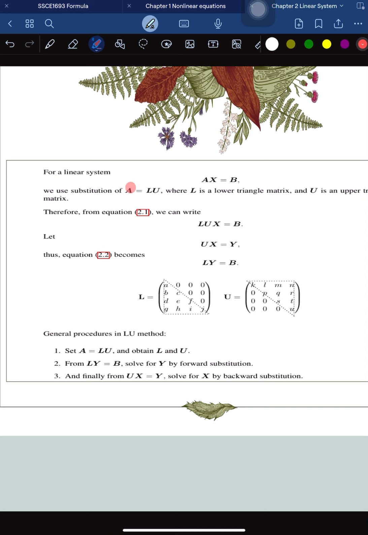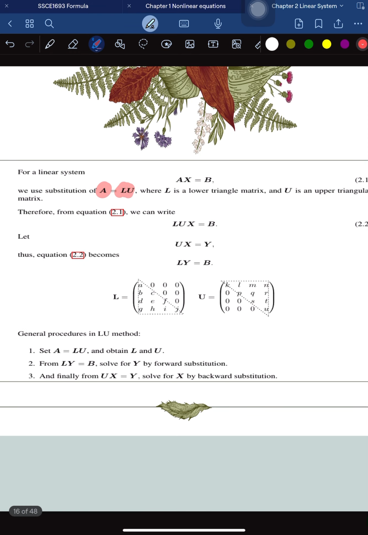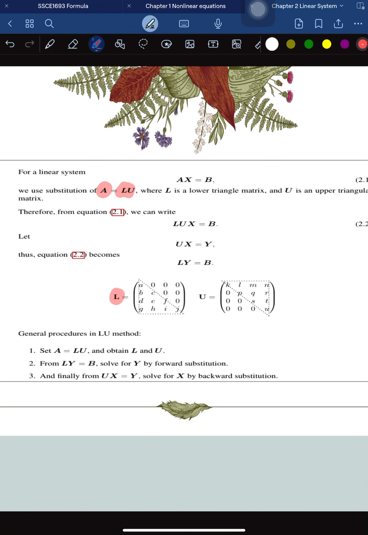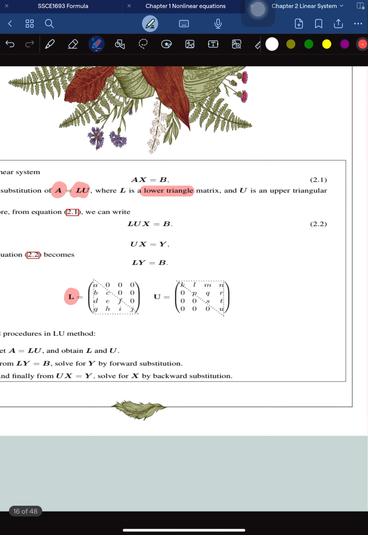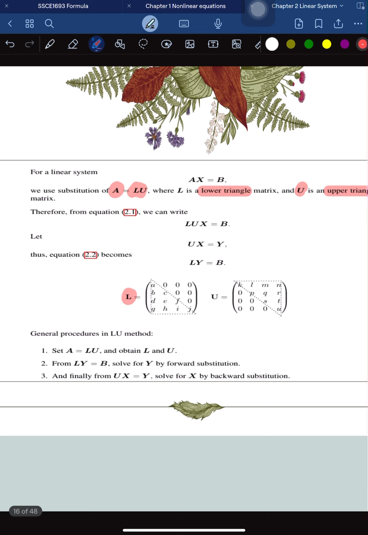Okay, so for the LU method, why is this method called the LU method? Because if we have the matrix A, we change it to LU. L is the lower triangular matrix, and U is the upper triangular matrix. After we separate A equal to LU, then LY equal to B, where Y can be Y1, Y2, Y3, and the value of B is from the equation.